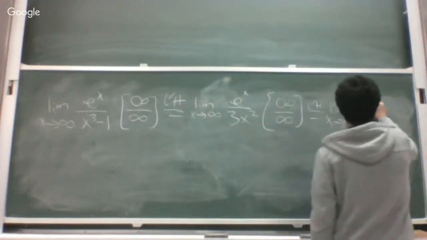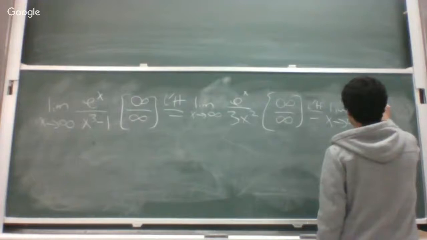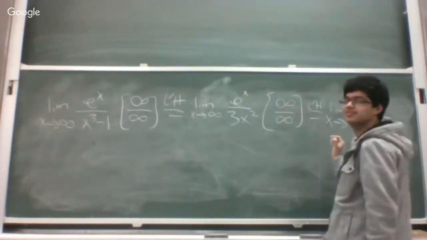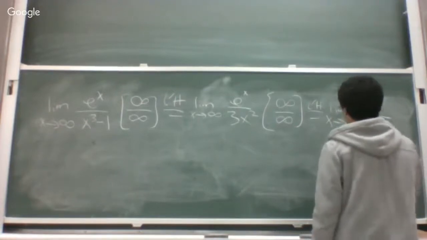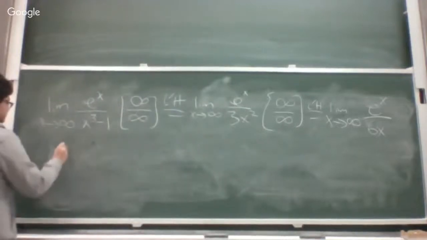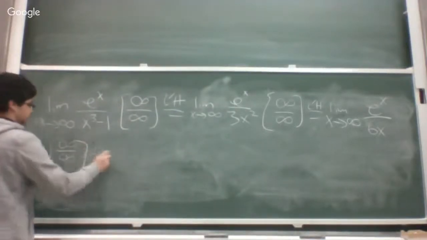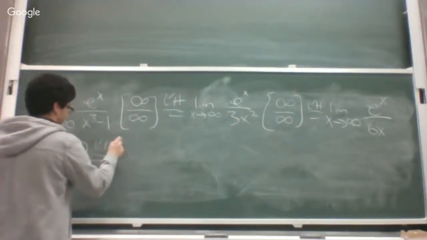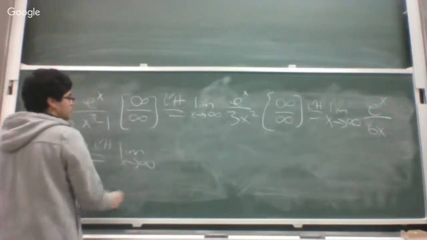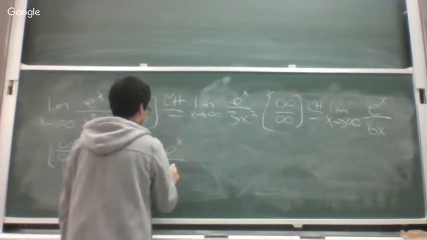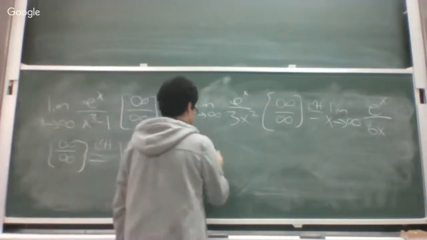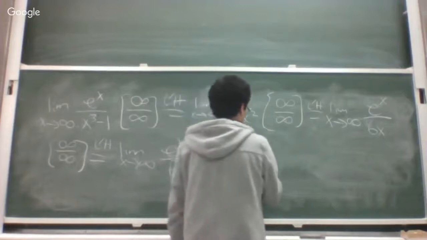What's the fraction? e to the x over 6x. What do I do again? So I have now e to the x over 6. That's equal to infinity. So we know e to the x grows faster.